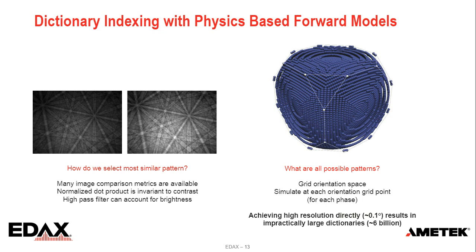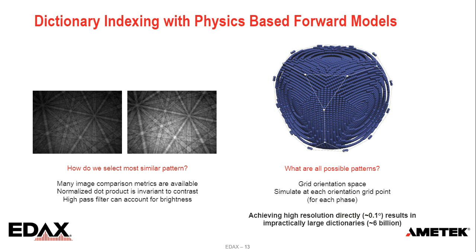But the basic idea is that you pick some resolution and generate a 3D grid of all orientations at that resolution, and then simulate a pattern for each one of those. And it turns out that if you do that for a resolution that's on the order of the angular resolution that we can achieve with EBSD, it becomes impractically large.